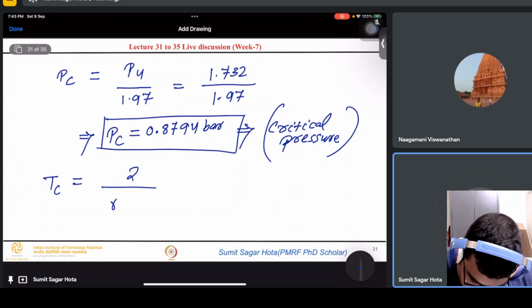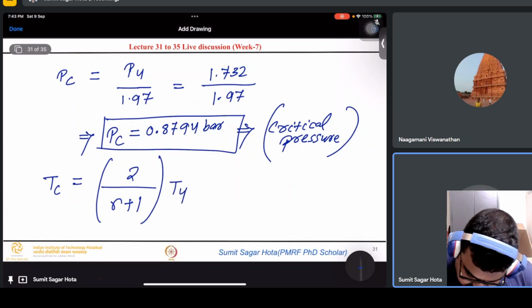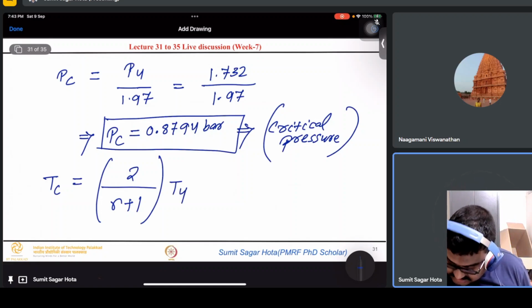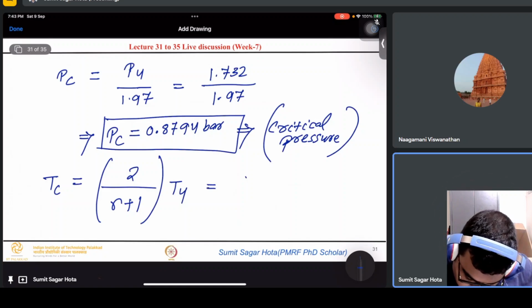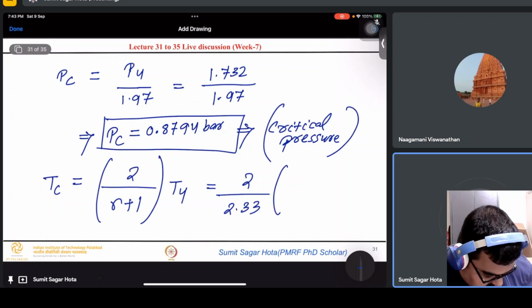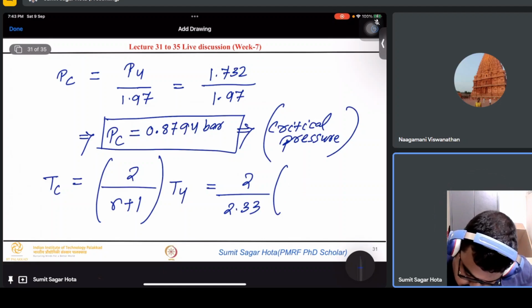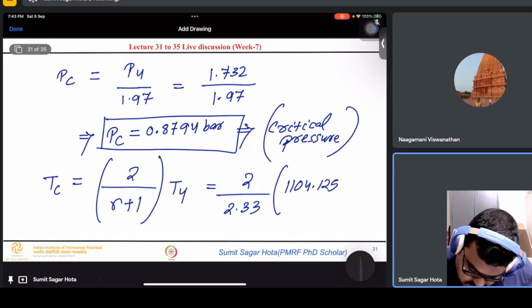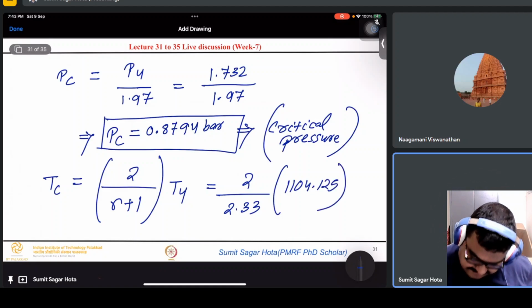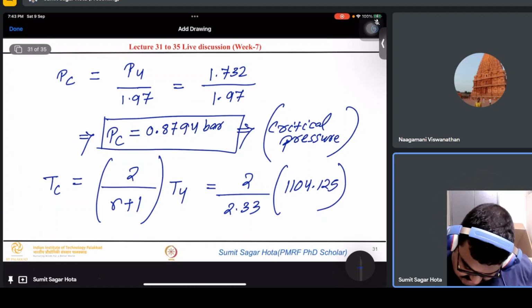TC is 2 by gamma plus 1 into your nozzle inlet temperature, that is T4. 2 by 2.33 into T4, 1104.125, or turbine exit temperature. T4 equals nozzle inlet or turbine exit.